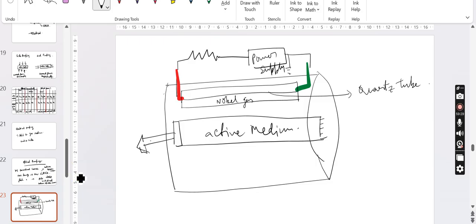That is the case. So the application of appropriate voltage between the two electrodes fixed at the two ends of the quartz tube strikes an arc discharge in the noble gas contained at high pressure in the tube. Here is the high pressure tube.